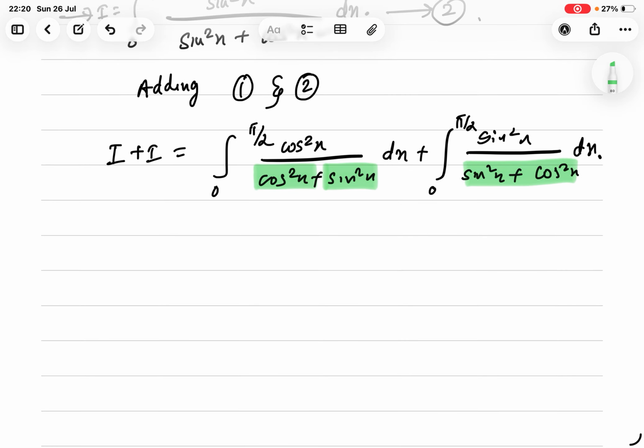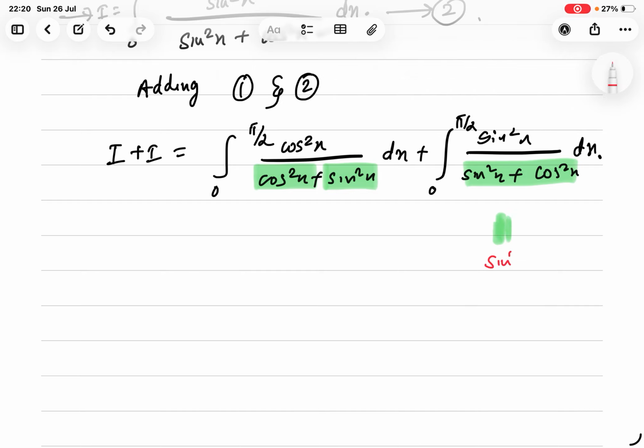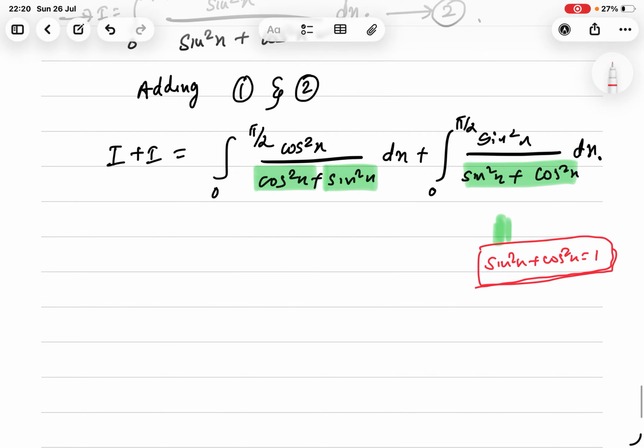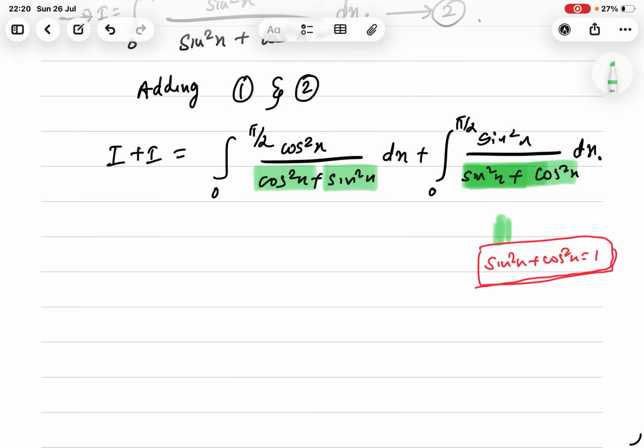If you are thinking that sin square x plus cos square x is equal to 1, that is not applying here; you are not applying the property, you have to solve this one. So now the denominators are the same. I hope you are understanding. Then you can add the numerators.